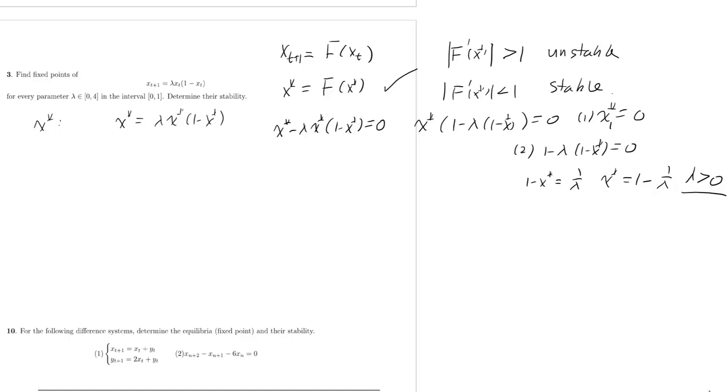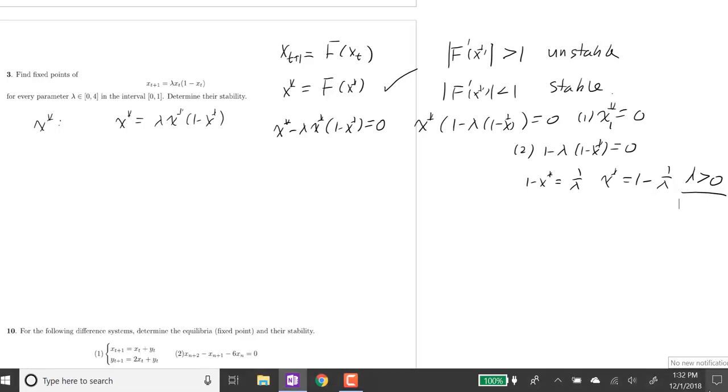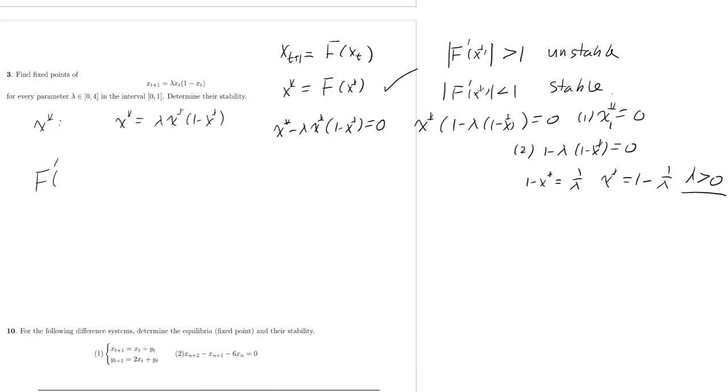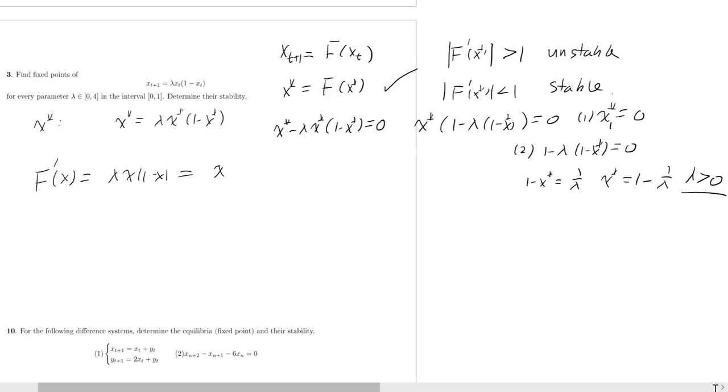Now let's determine the stability of these two equilibria. Take the derivative of your function. Your function is lambda x times 1 minus x. It's a quadratic function, so you can just multiply out and see what we have: lambda x minus lambda x squared.